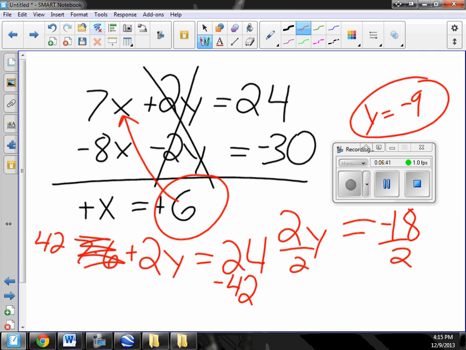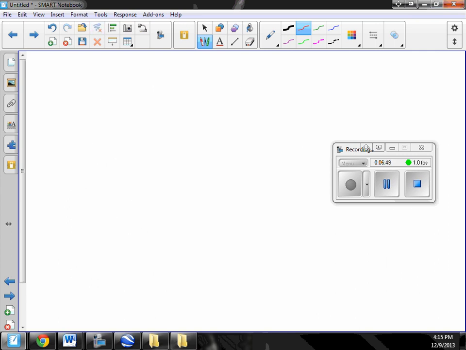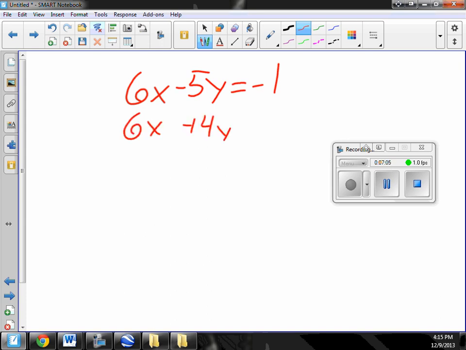Now, so far all the problems that we've done have always had variables that eliminated, and that's not the case every time. For example, what if I had 6x minus 5y equals negative 1, and 6x plus 4y equals negative 10?